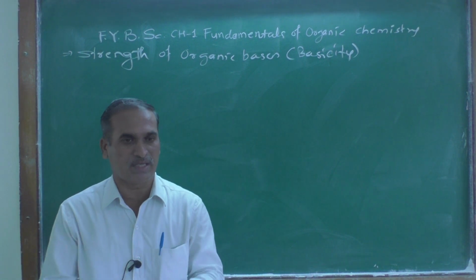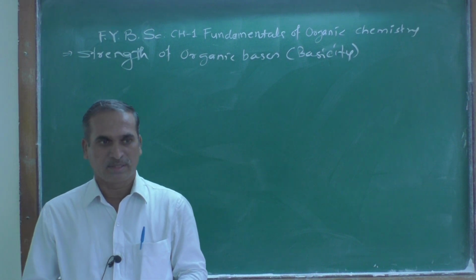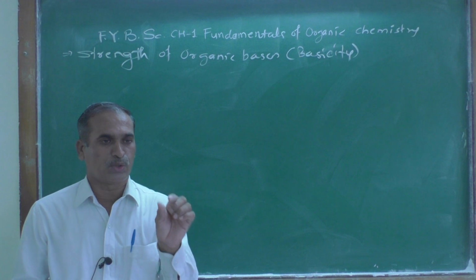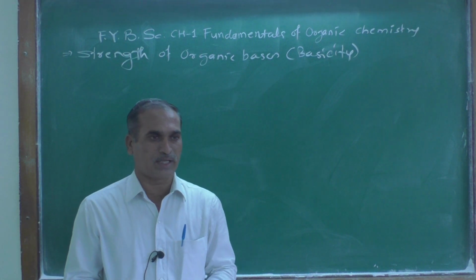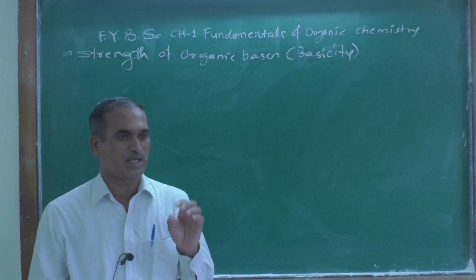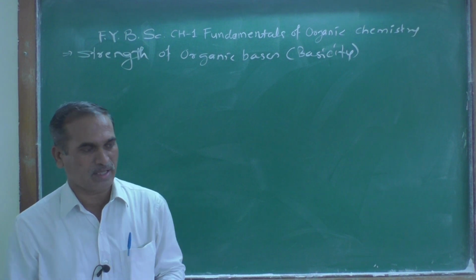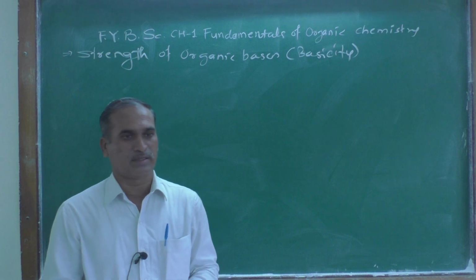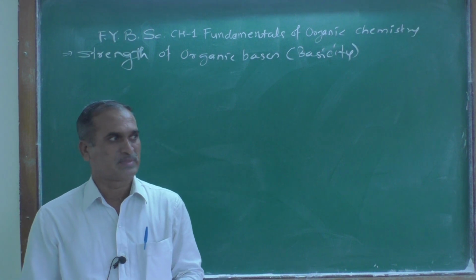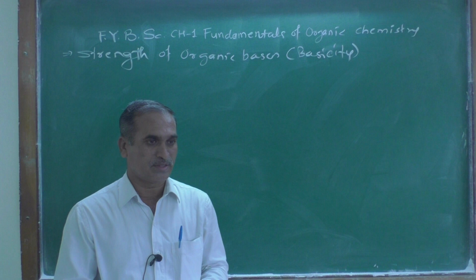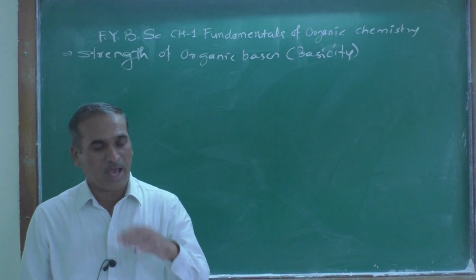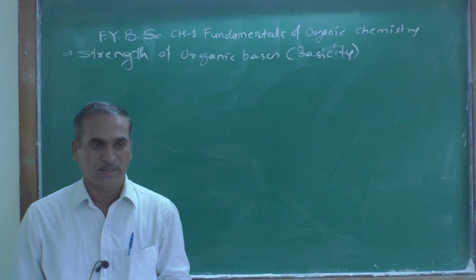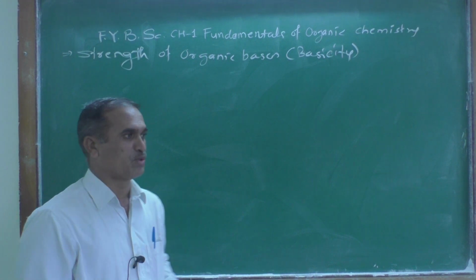According to Lewis, a base is a substance which can donate a pair of electrons to H plus. These are the atoms that contain a lone pair of electrons to donate. That type of thing is known as a base.